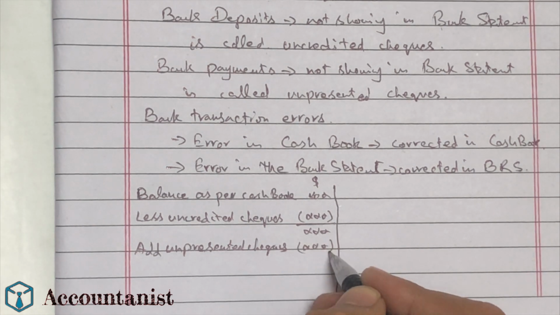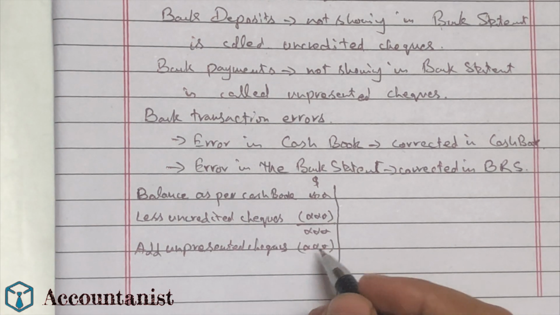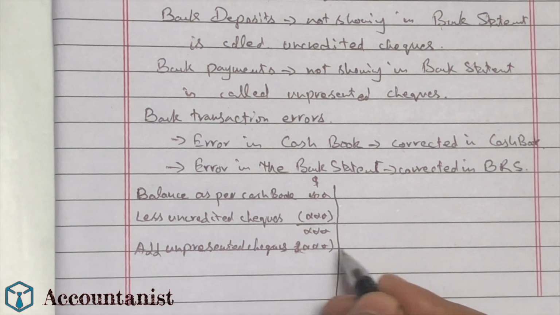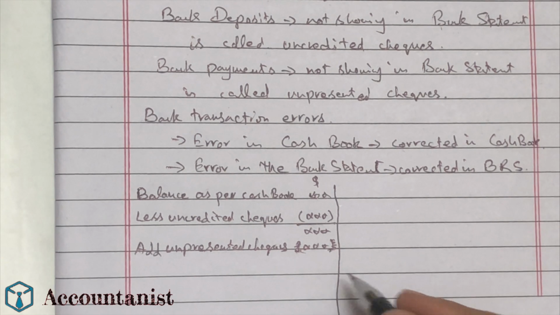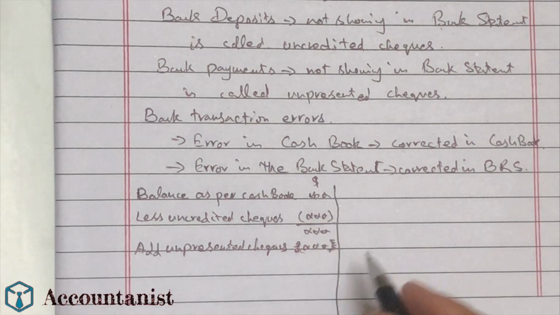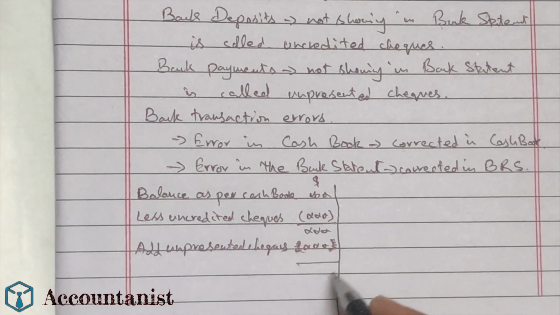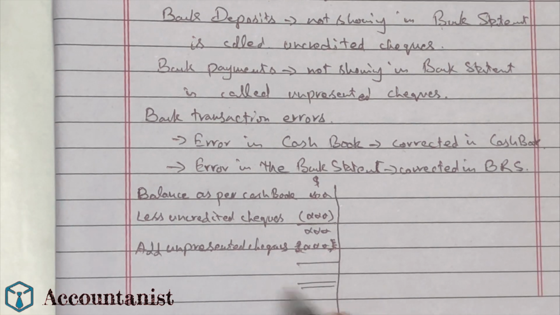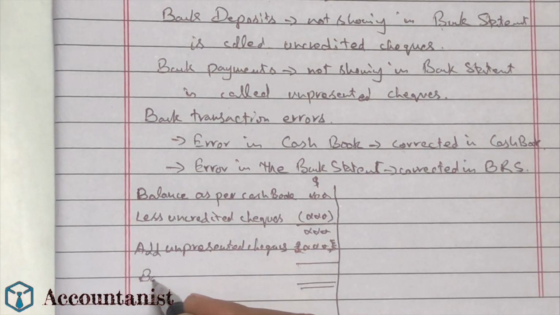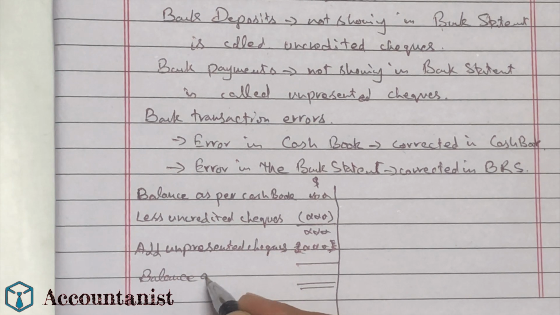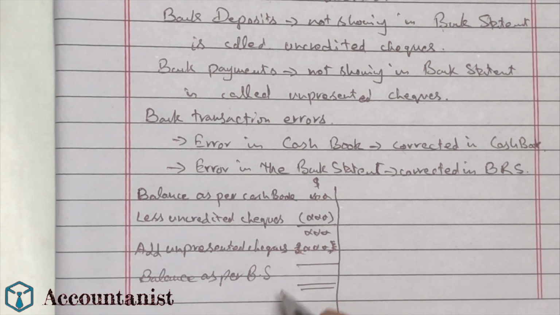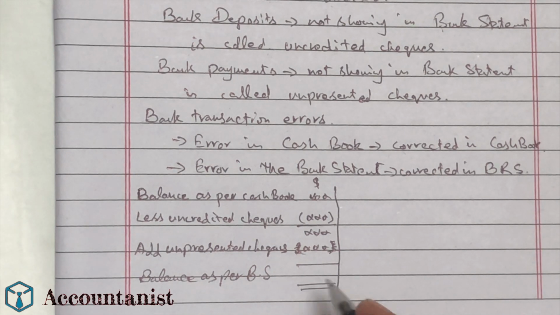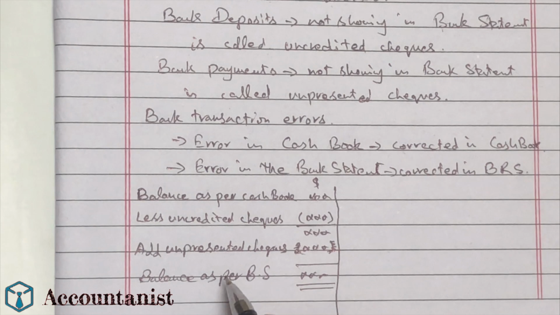We will add this into this balance, as we already deducted this from this side, this cash book balance. So we'll add them back to get our balance, and that will be the balance as per bank statement. So this is the way how we reconcile the balance.